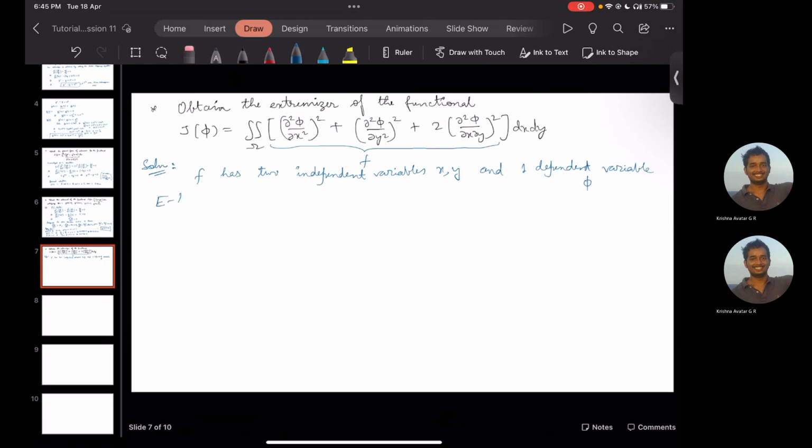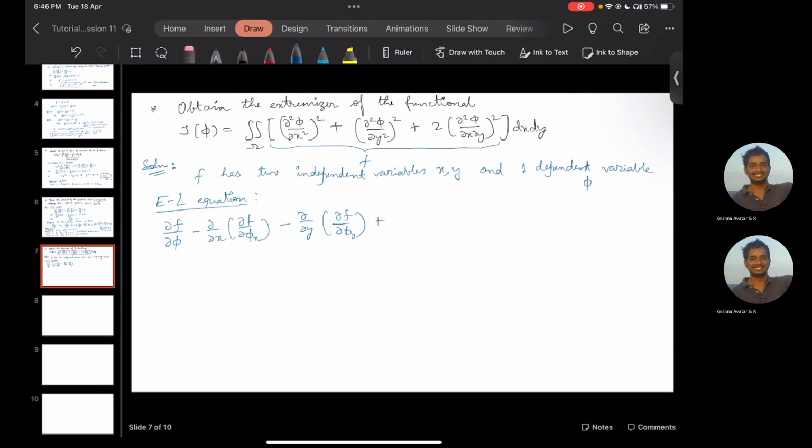Then let's find the Euler-Lagrange equation. The Euler-Lagrange equation is phi minus, and mind you that the subscripts x, y of phi represent the derivatives of phi with respect to that subscript.